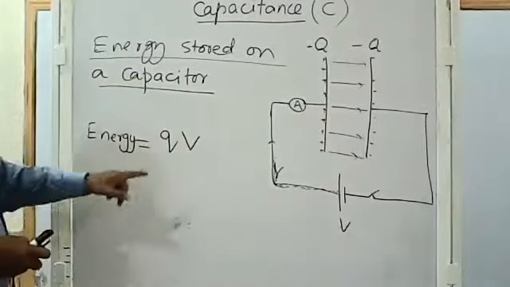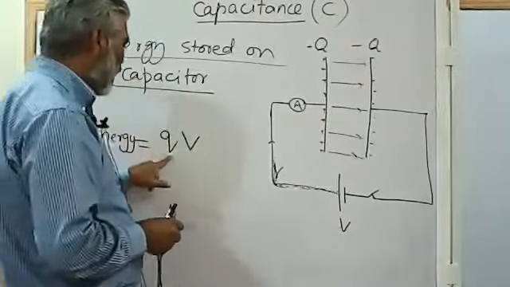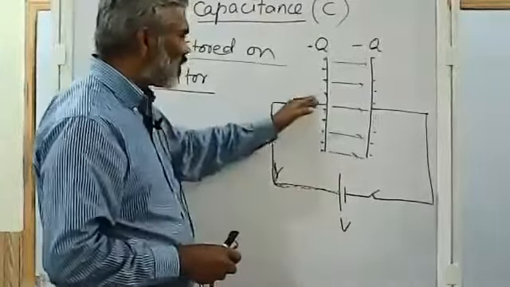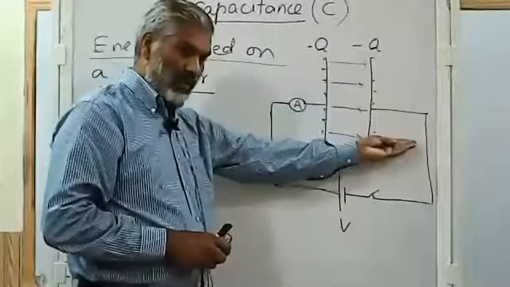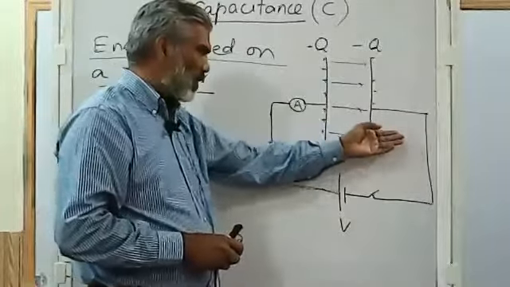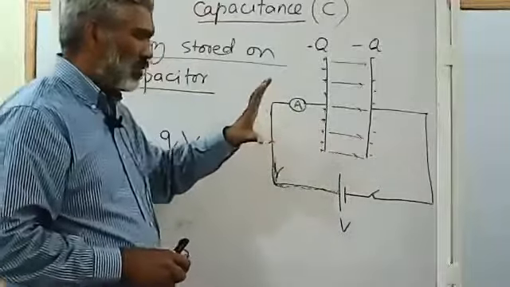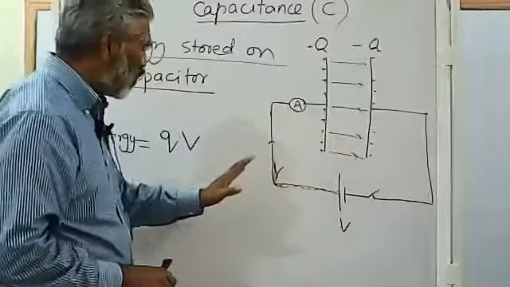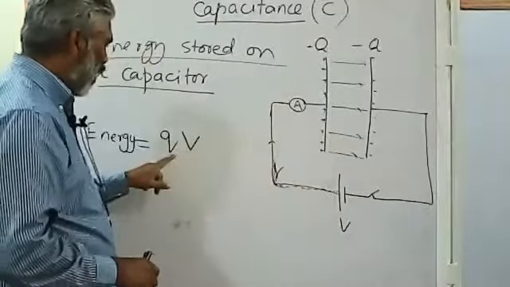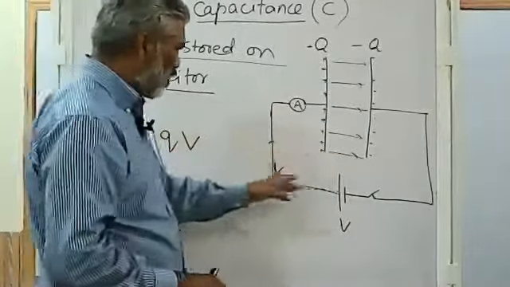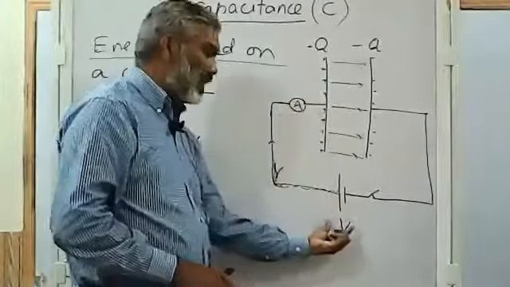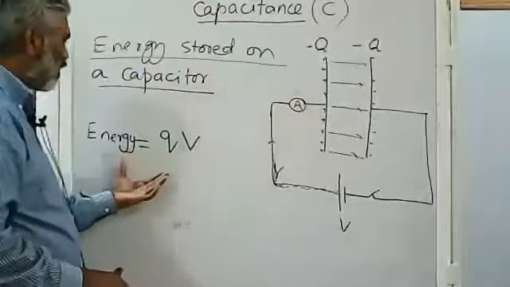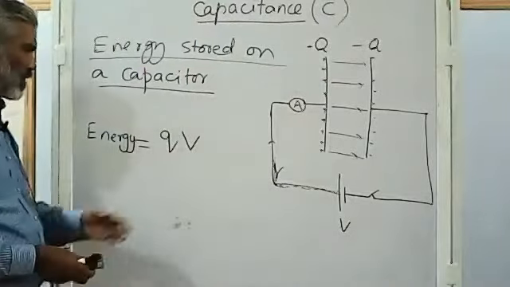If I have moved a charge Q, the total charge that I have moved to this plate, and as a result, that is the induced charge by the same amount on that plate, but we are talking about just one plate at a time. So if I have moved the total of Q charge to this plate with the help of this difference of potential, that means the total work which is involved here must be this.